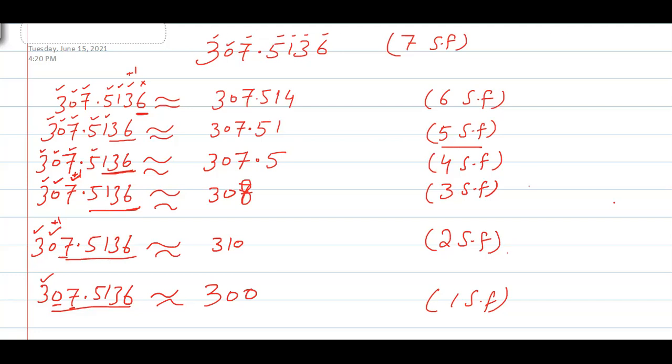Okay, let me write another example now for you, and you have to round and practice it. Let's do it. Now it has 1, 2, 3, 4, 5, 6 digits. It has 6 significant figures.